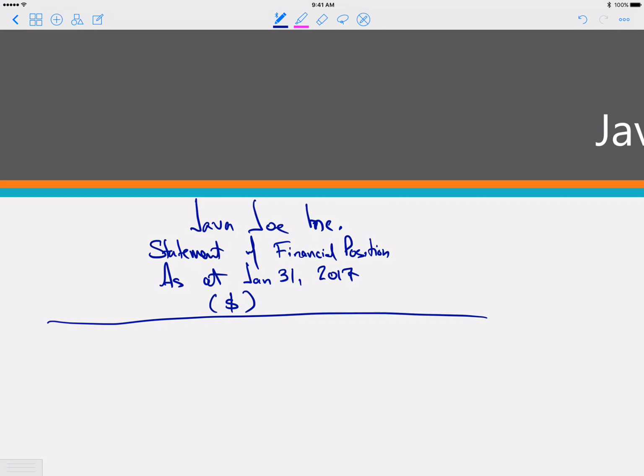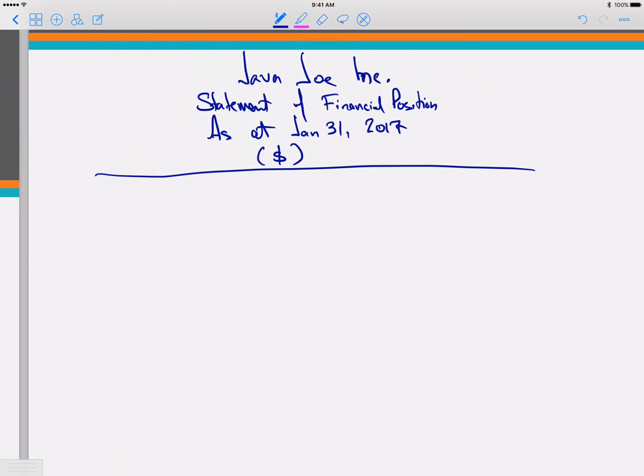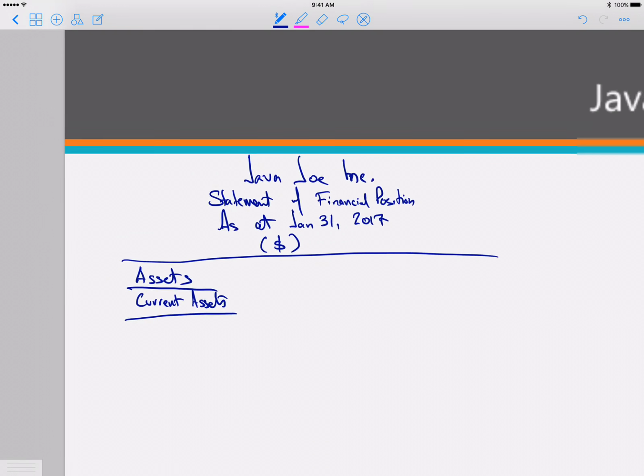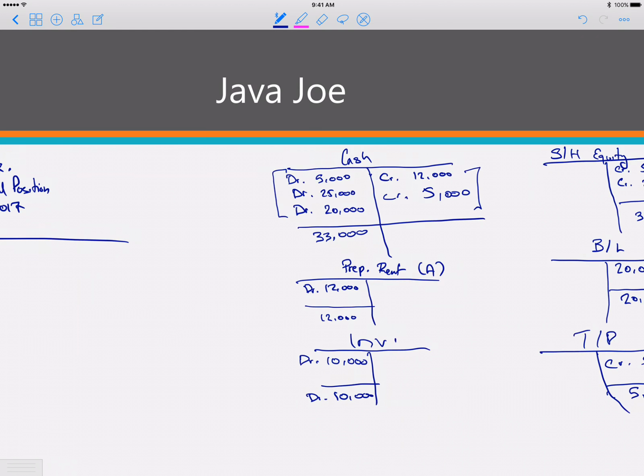So the first thing we're going to do is start listing off the assets of the company. So we begin the asset section, and we begin with our current assets. And if you recall, it has to be in order of liquidity. So let's look at what assets we have, and we'll discuss which is the most liquid.